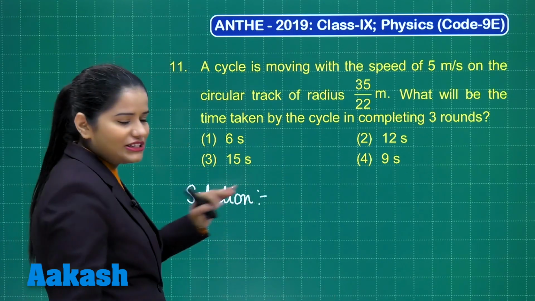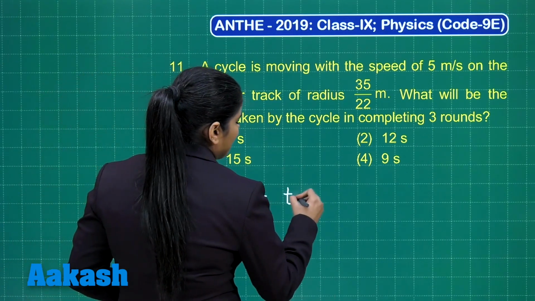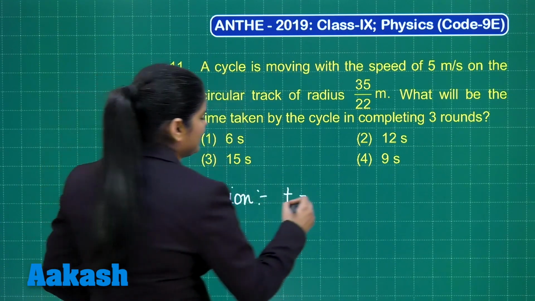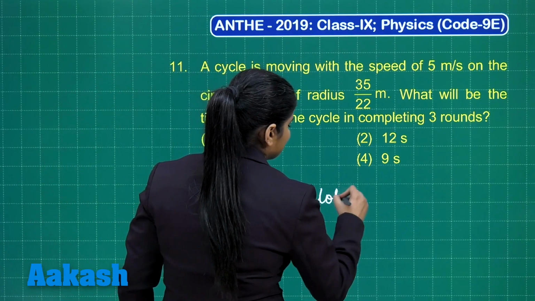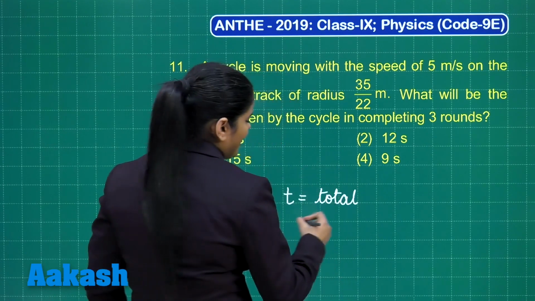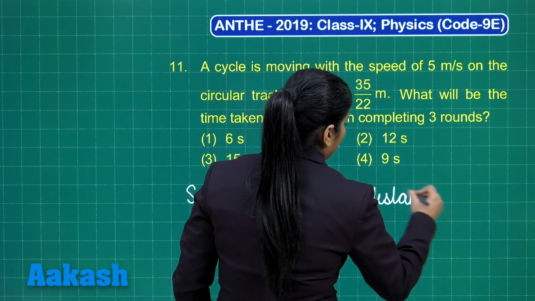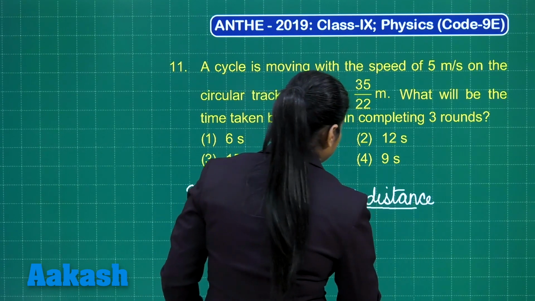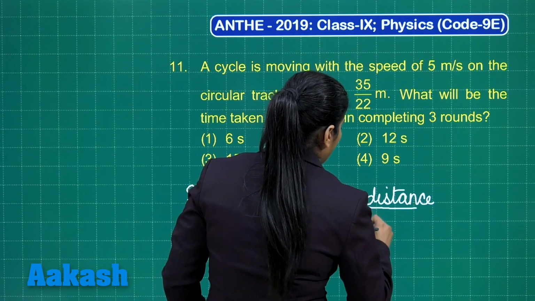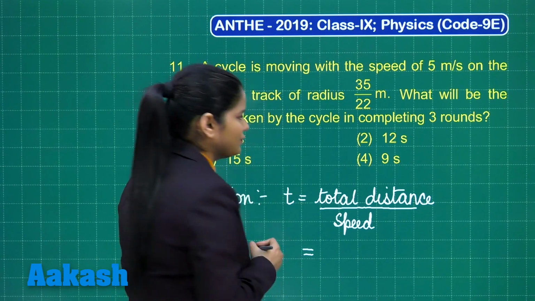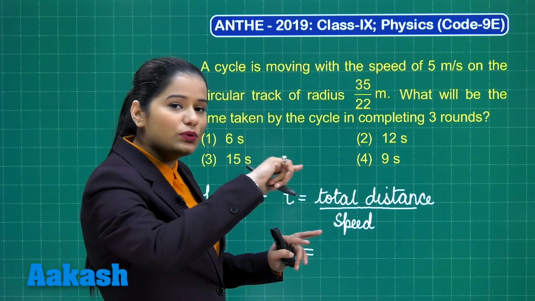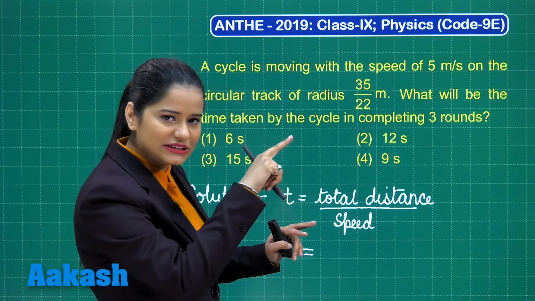The solution of this question would be, we need to find out the time. What is going to be the time? Time is the total distance that the cycle will travel divided by the speed with which the cycle is moving. Now how can you calculate the total distance? We know in 1 round it is going to cover the circumference of the circle.